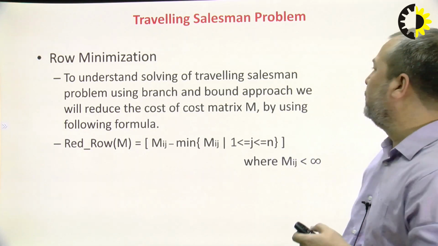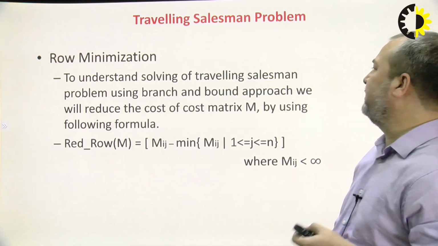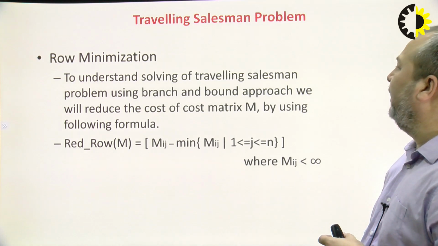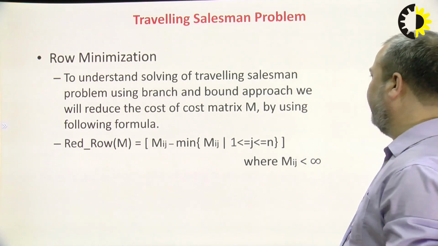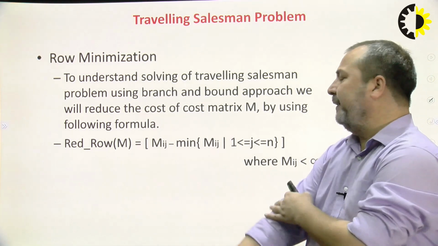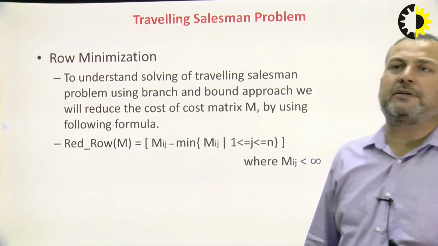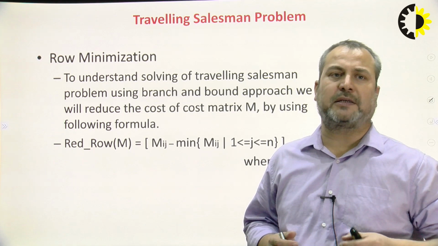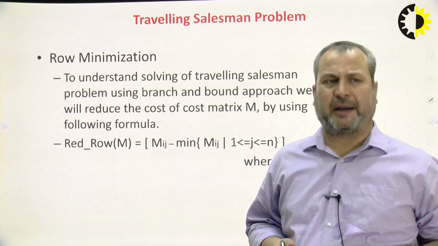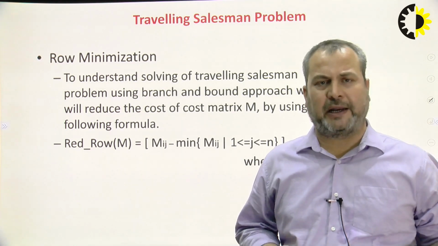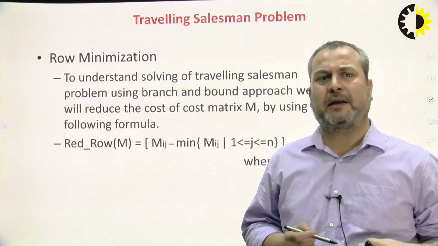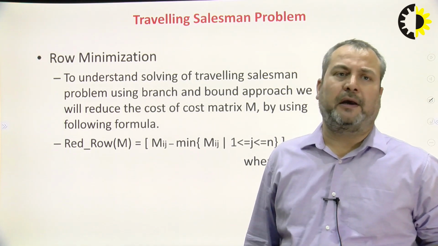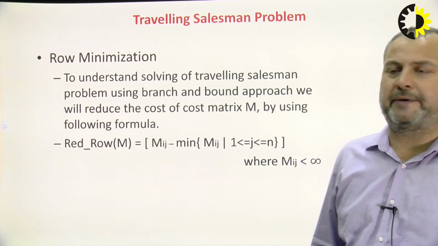To understand solving the traveling salesman problem using the branch and bound approach, we will reduce the cost matrix M by using a formula like this. First we will maintain a cost matrix, or we can say a distance matrix, and we will see how we find the reduced matrix.